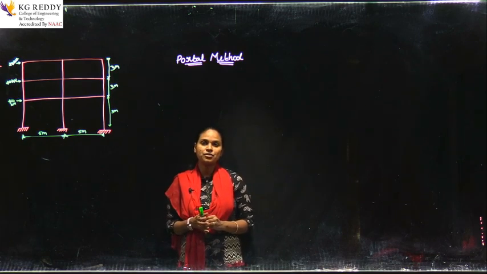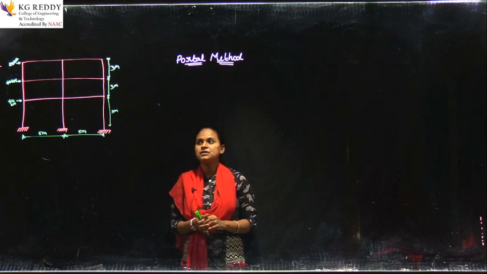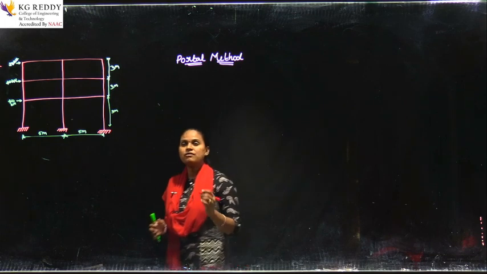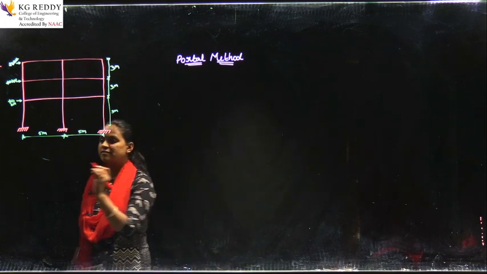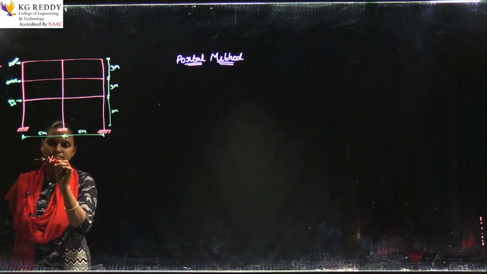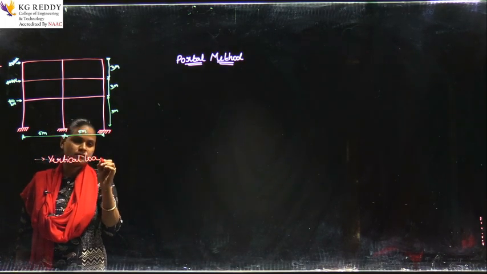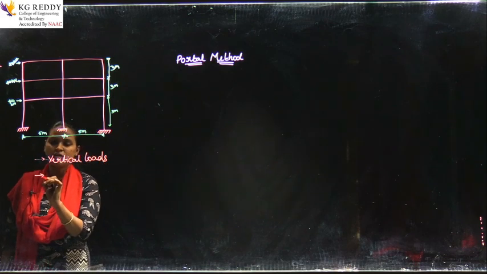So for analyzing a structure, you need different methods, right. In the approximate method of analysis, we have two different loads: vertical loads and horizontal loads.